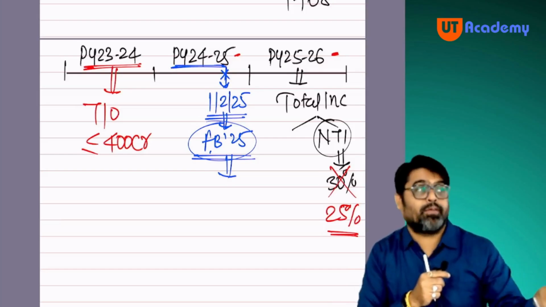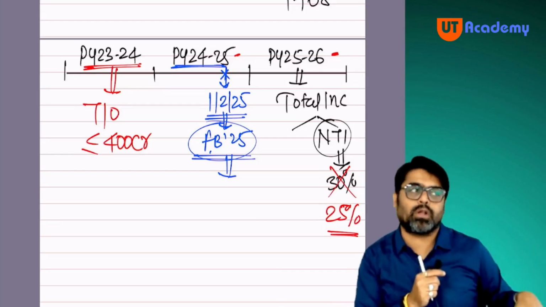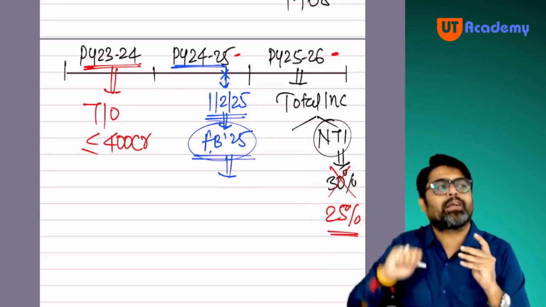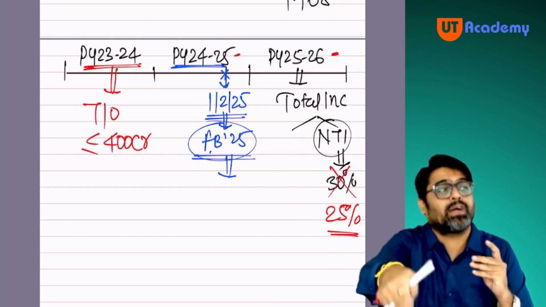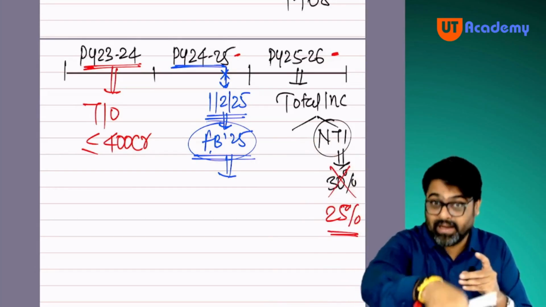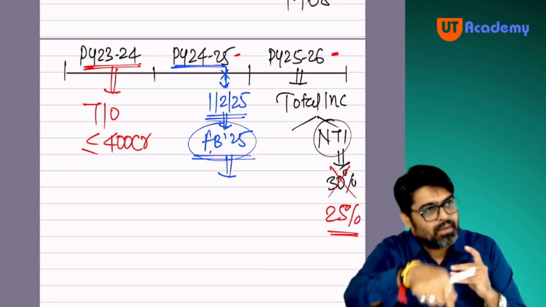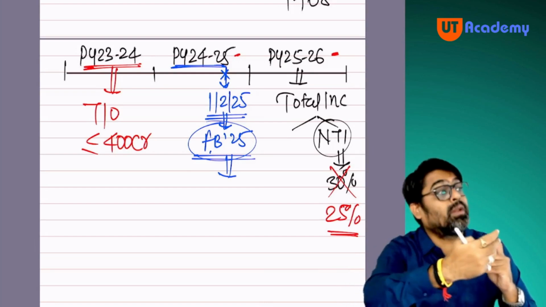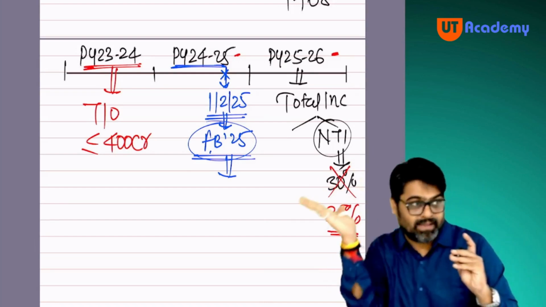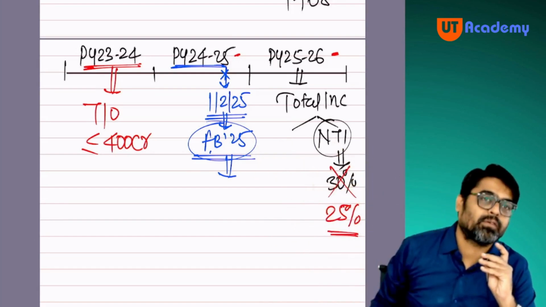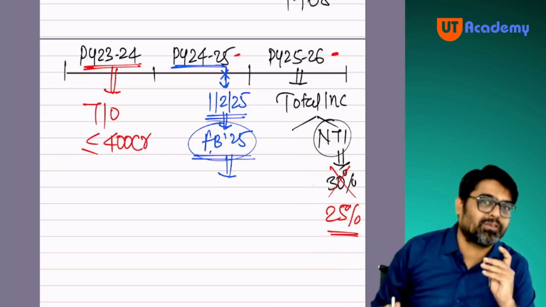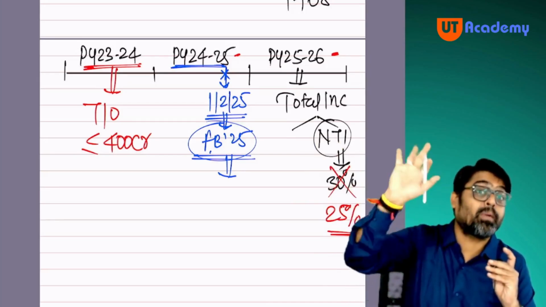See, if in 24-25 your turnover is 400 crores or less, then in the next year your tax rate will be 25%, and still 2 months are remaining for this year. Within these 2 months, February and March, all the domestic companies will manipulate their turnover so that in the next year they have to pay 25%. So this is also risky. Which year turnover cannot be manipulated?